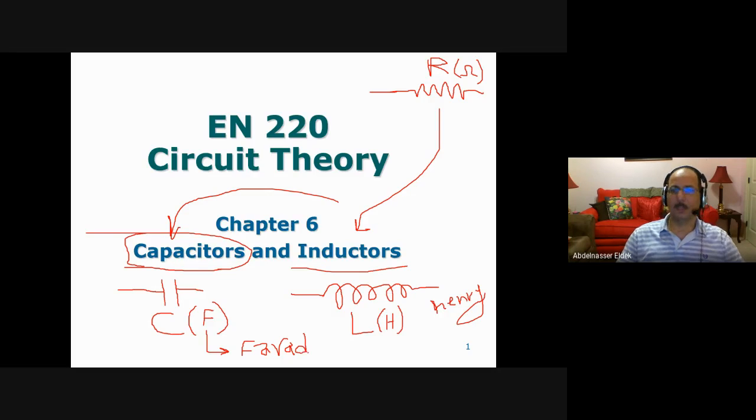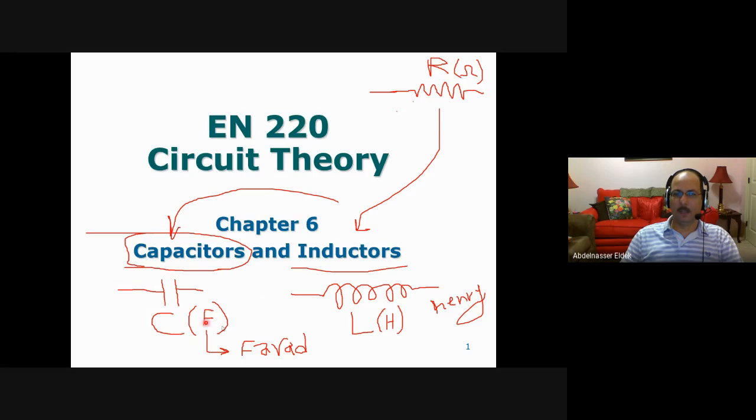So here, as you see, we have three basic passive elements: the resistor, represented by R, in ohm; the inductor, which is a coil, with inductance L, in Henry; and the capacitor, which has a capacitance C, and the unit is farad.